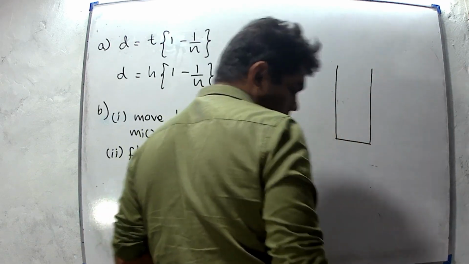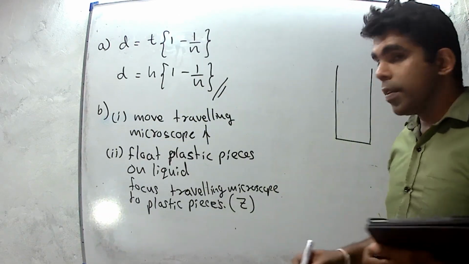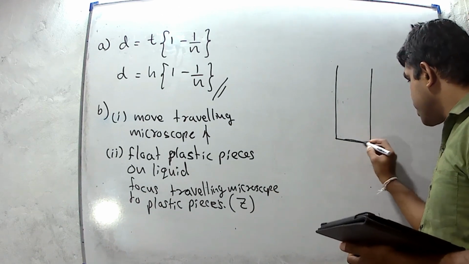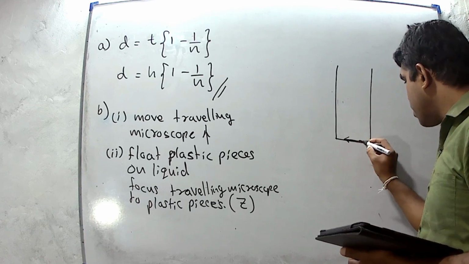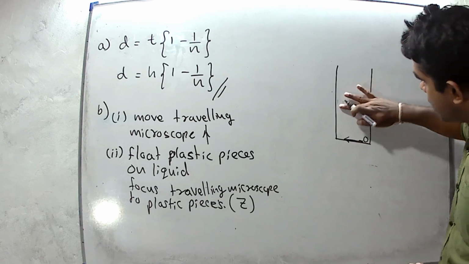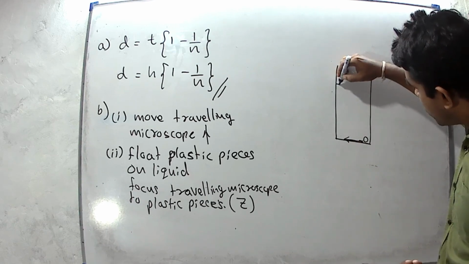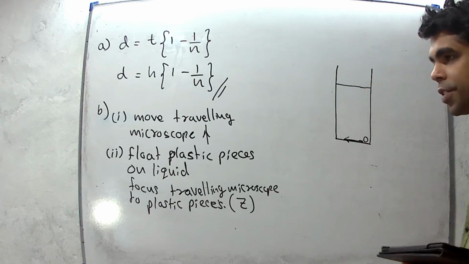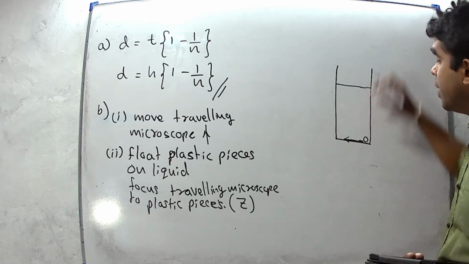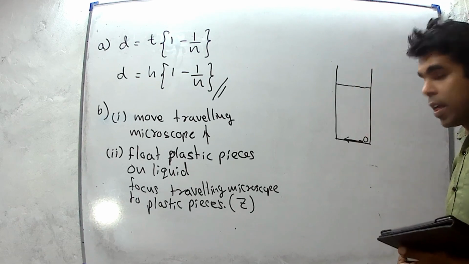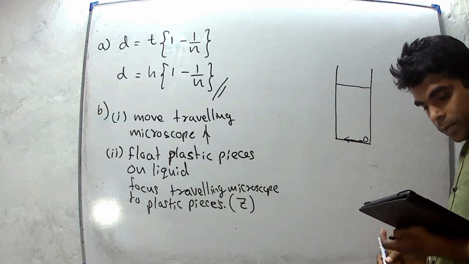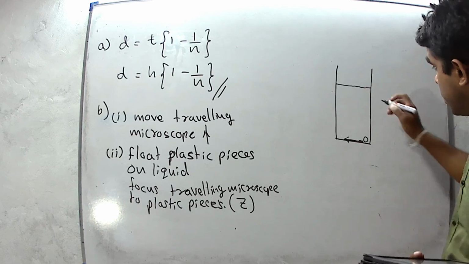In the cylinder, first of all we have to place the pin at the bottom of the cylinder, pin O. And then we pour liquid into the cylinder, and we obtain the second reading when focusing the original object O.